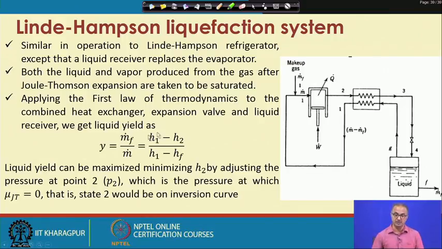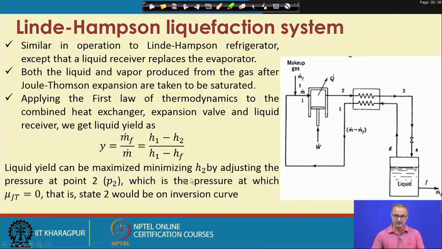From this equation we see that if we decrease H2, then we shall be able to increase the liquid yield. So to maximize the liquid yield, we have to minimize the H2 value, and if we want to minimize it, we should raise the pressure.